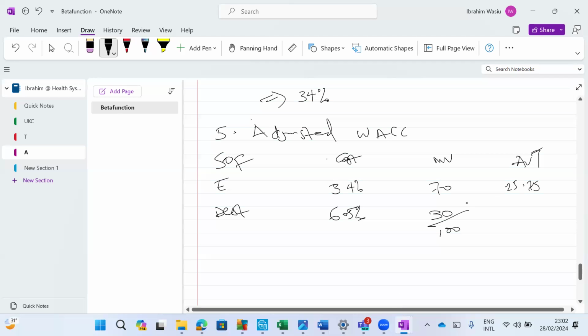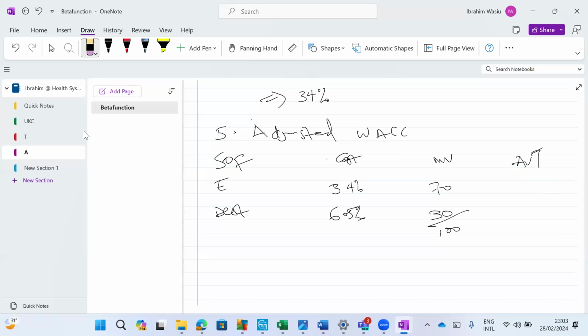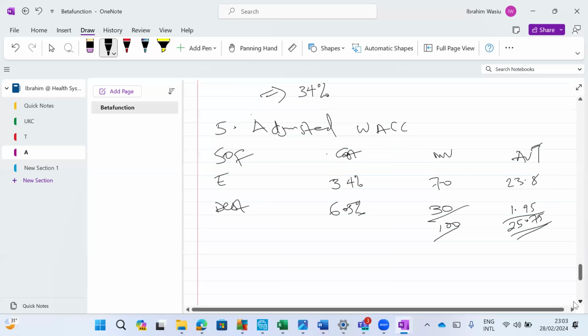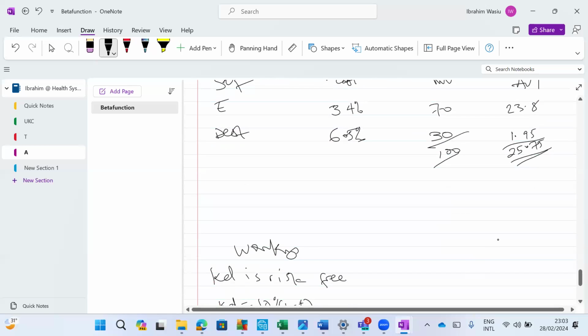What do you have? 1.95. Plus this other one, 23.8 plus 1.95. What do you have for total? 25.75.